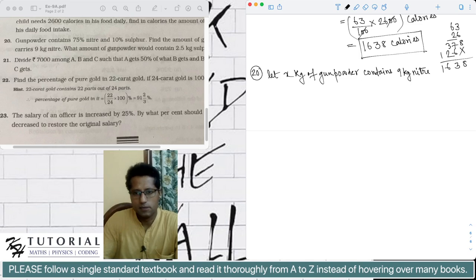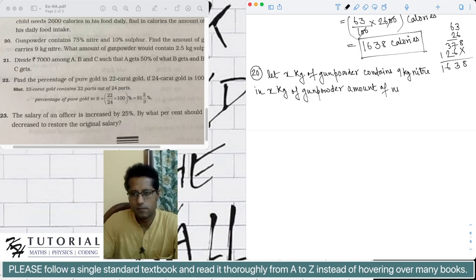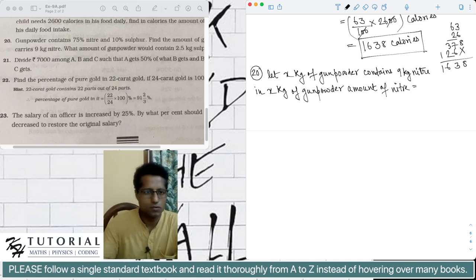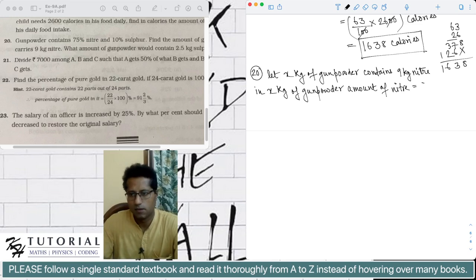Now in x kg of gunpowder, the amount of niter will be equal to, the percentage of niter is given to be 75%.